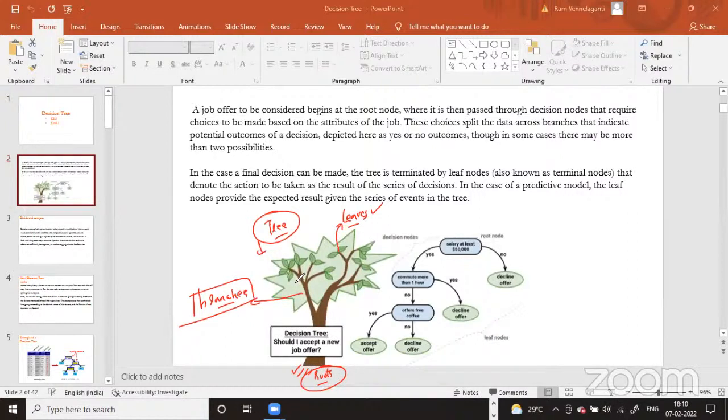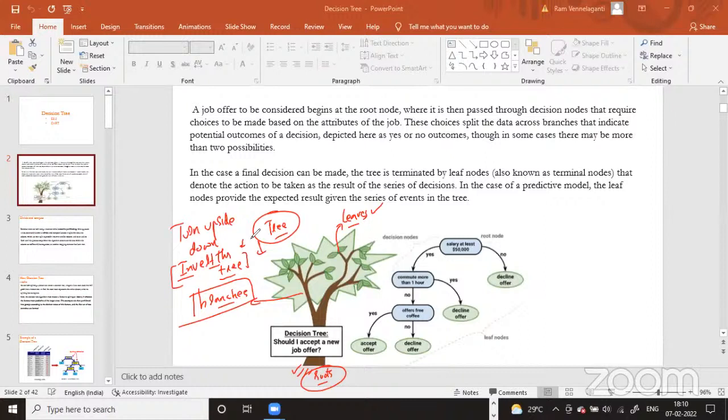Now, suppose I turn this tree upside down, if I invert this tree, what is going to happen?